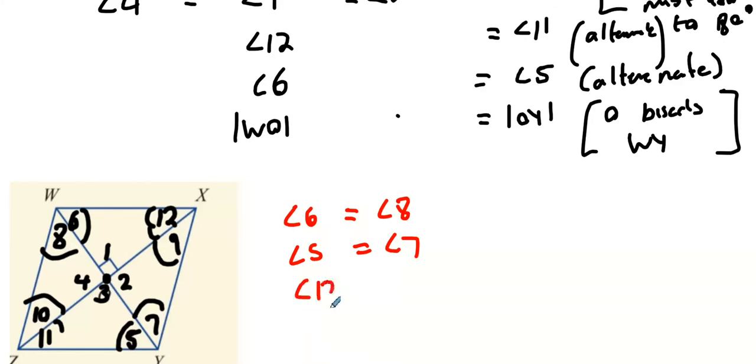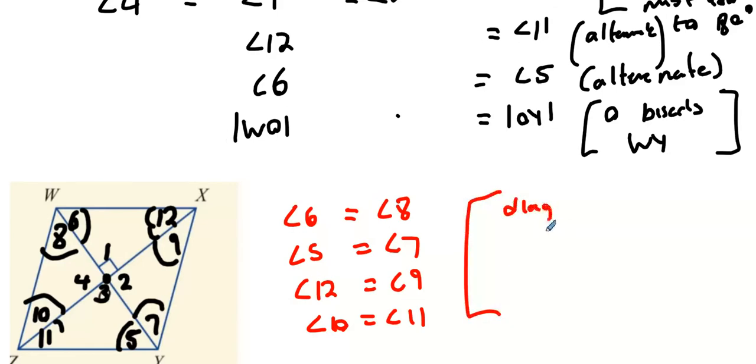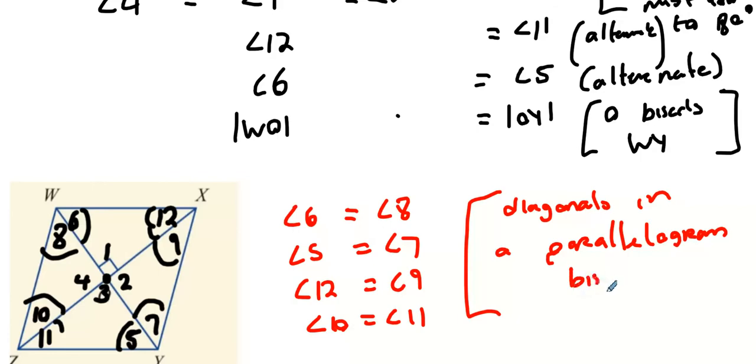Angle 12 equals angle 9. And angle 10 equals angle 11. And why can we say all that? Diagonals in a parallelogram bisect the angles. Okay, bisect what? The angle.